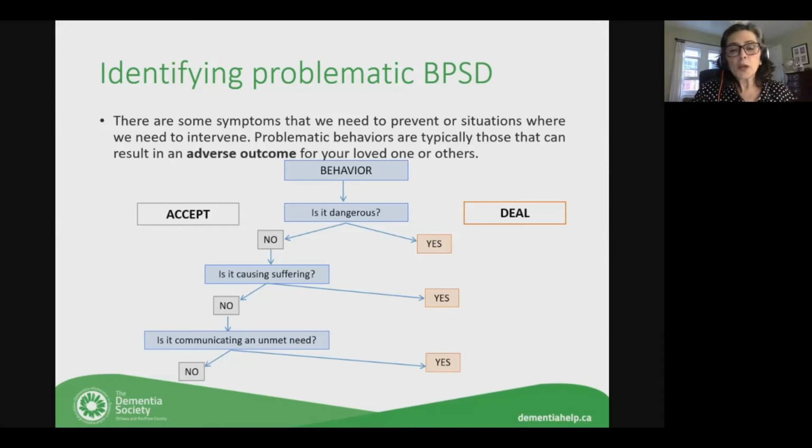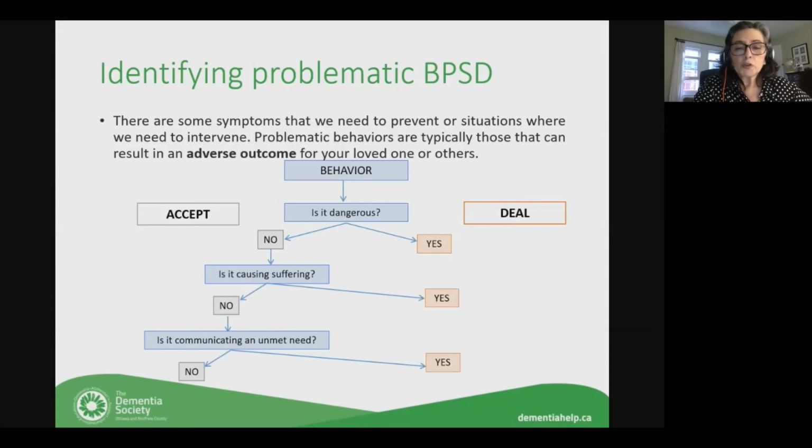And we'll try to move into the next part, which I'd like to finish within the next few minutes. So basically here, we have talked so far about some of the different unmet needs and some of the things that can give rise to problematic behavior or psychological symptoms.